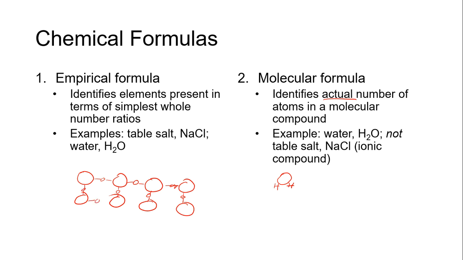And so it is impossible to identify one sodium atom with one chlorine atom. And so really it's not an individual molecule, it's a chain of atoms forming a series which we know as table salt.